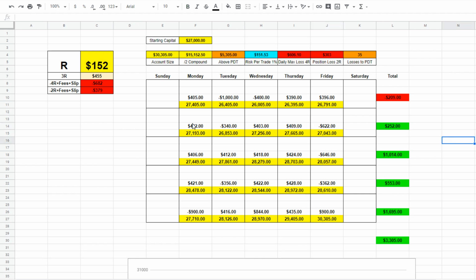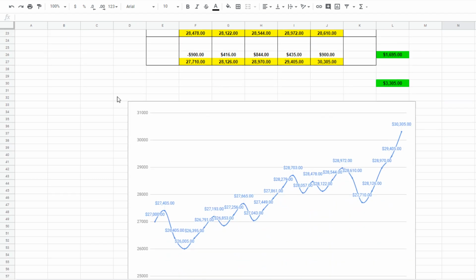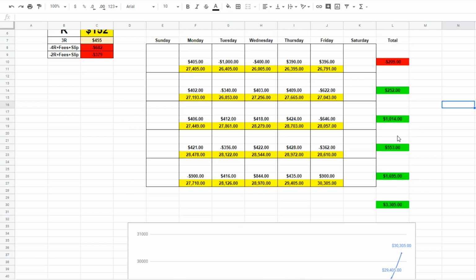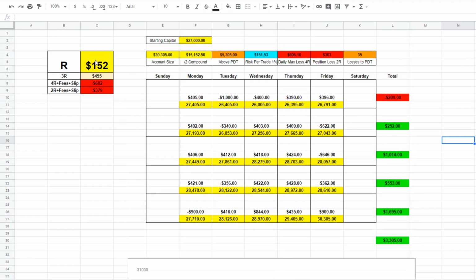And we can compare, from 1 month of trading, we've grown our account from 27,000 to 30,000. And we are now risking 150 per trade on 1% of our compound. And if you can remember, our compound was only 1/2 of 27,000, so we started at 13,500 ish.